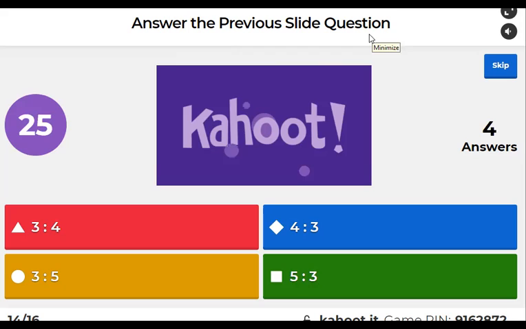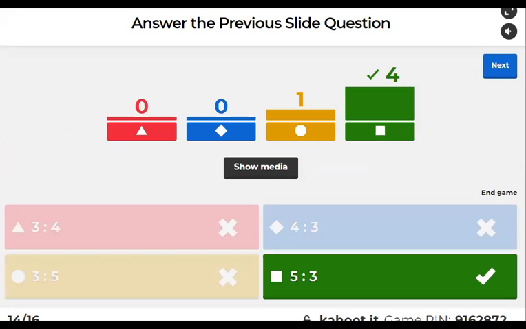E1 by E2, not E2 by E1. Correct. It is 5 by 3. Very good. 5 is to 3. Yes or no? है ना?